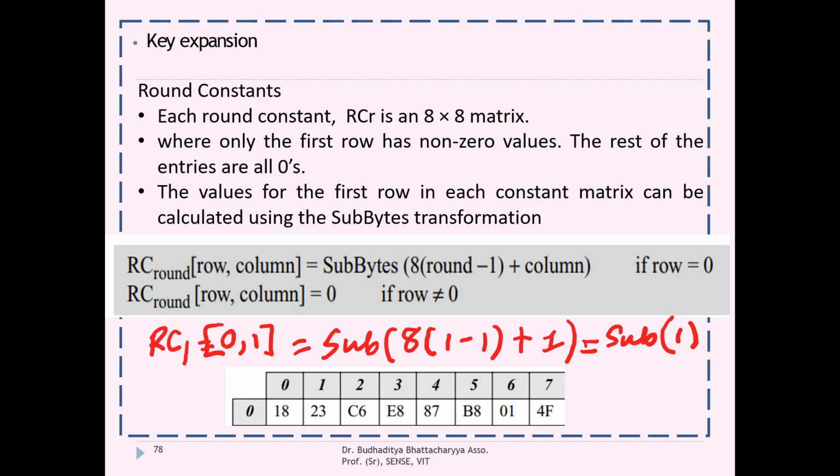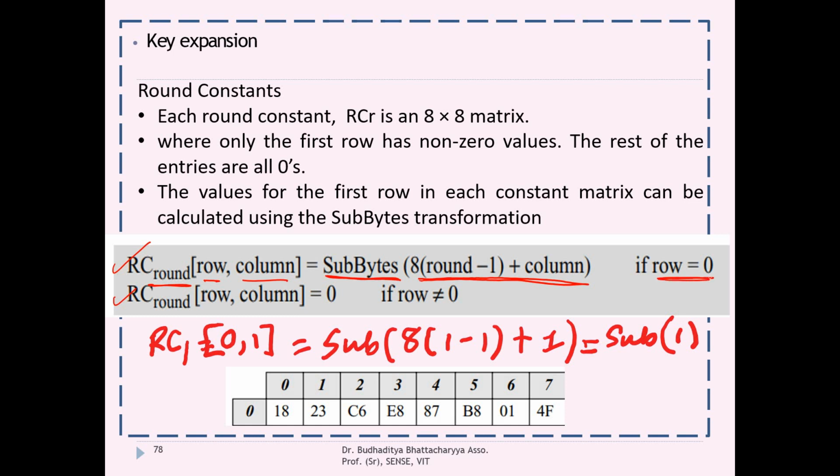So they follow a simple formula which is given over here. RC of the round, whichever round we are in, for example RC1, with row and column, we are considering the sub-byte table. Whatever is there in the sub-byte table should be considered.